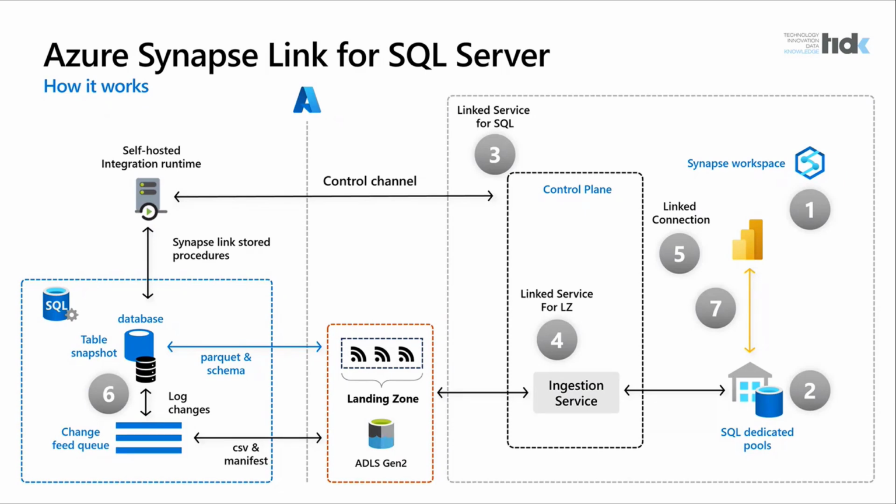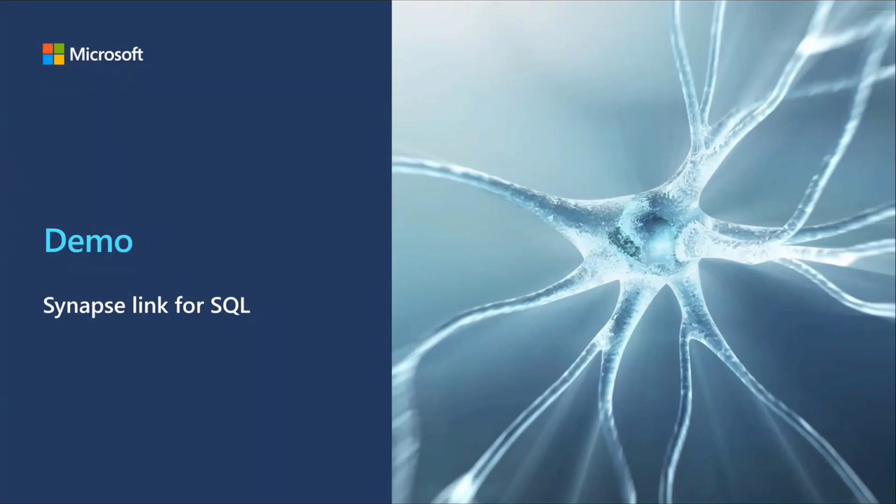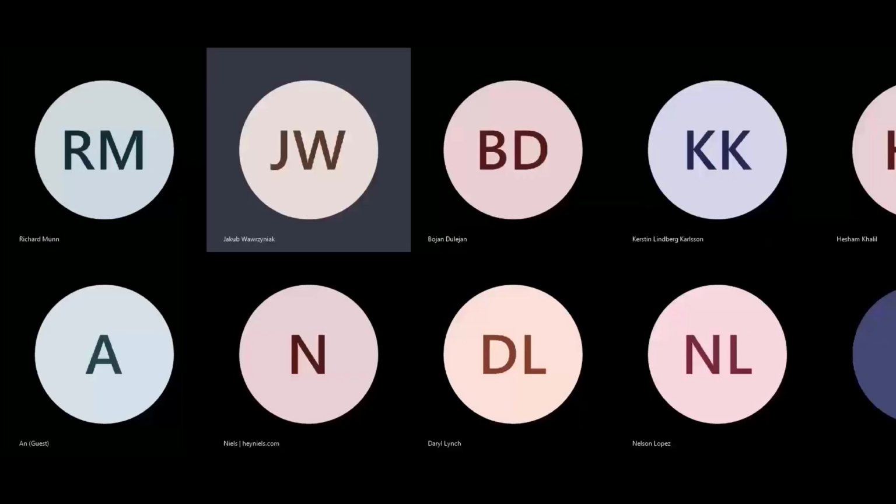Then if we refresh our report, we can have that data present in our report in a matter of seconds or minutes, depending on the actual data volume. So the actual business scenario is quite interesting here.